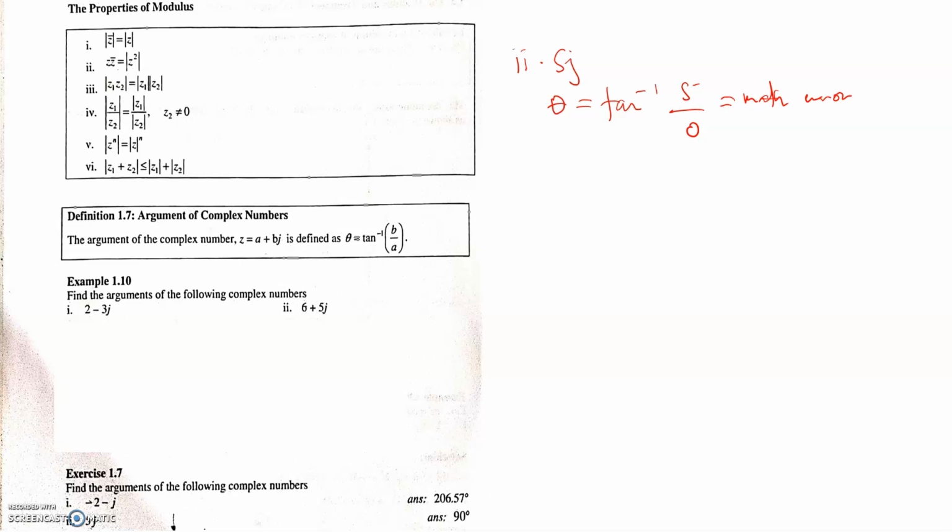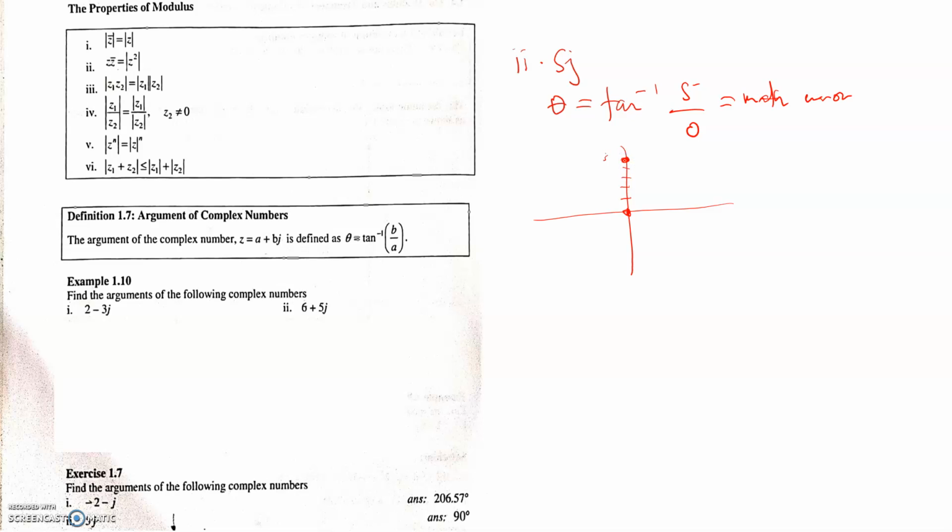But what we can do is look at the graph. Where is 5? And for a it is 0. So basically it is at this point. For b it is positive 5, which is 1, 2, 3, 4, 5. So 0, 5 should be up on the y-axis line.